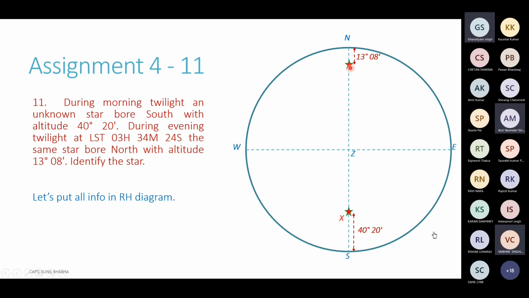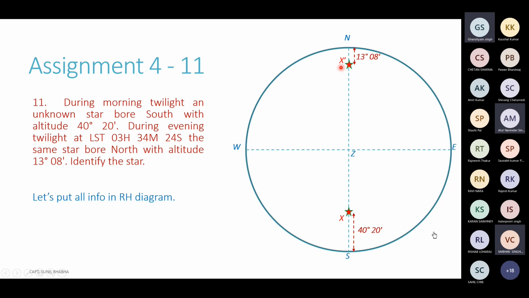Now we have the location of the star at the time of evening twilight as well as at the time of morning twilight. It is the same star. The same star can be at these two locations, X in morning twilight and X dash in evening twilight, only in one way. Its declination circle has to pass through both these locations.